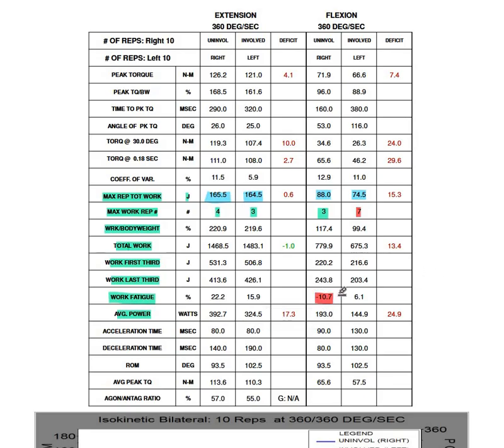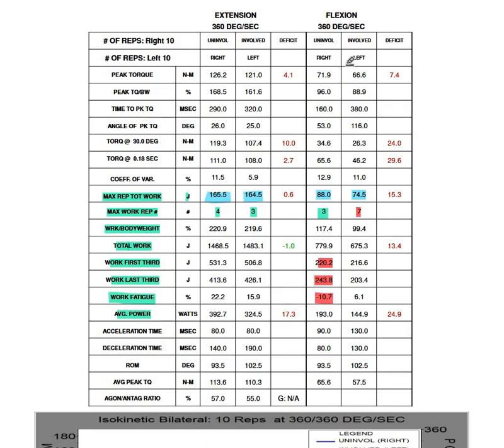Because we have a negative value, this is telling us that actually there was less work performed in the first third of the test. You see we have a work in the first third of 220, we'll just round down, joules of work performed, whereas in the last third we had 244 if we're rounding up.